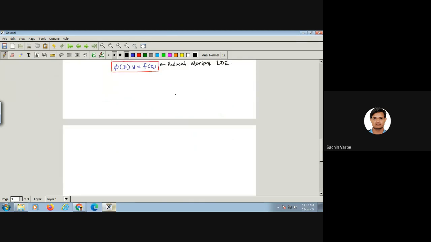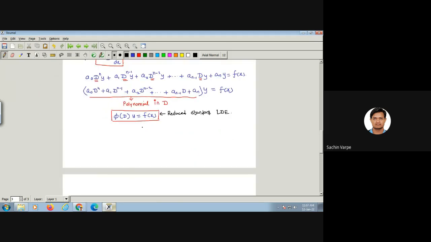So we are going to solve this now. As I said earlier, the solution of a differential equation is nothing but the value of what? The value of the dependent variable. Exactly, we are finding the value of the dependent variable. So here the dependent variable is y.